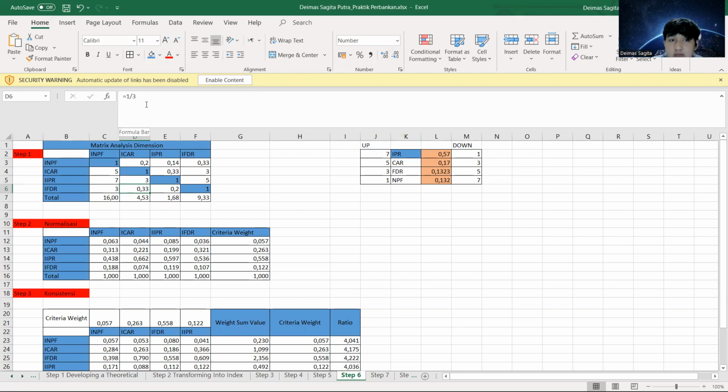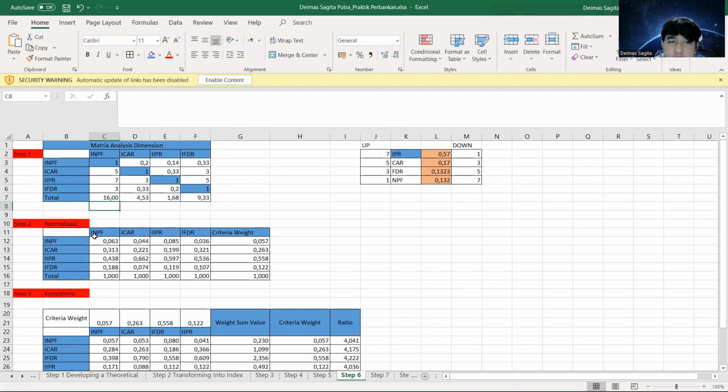So 1 divided with 3 is the value. So that we make the total. The total, the formula is sum. Block your data here, just enter it.